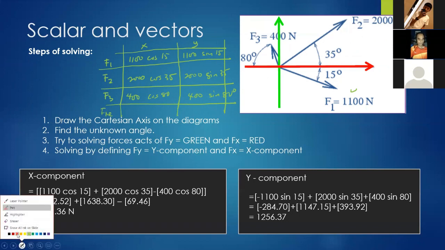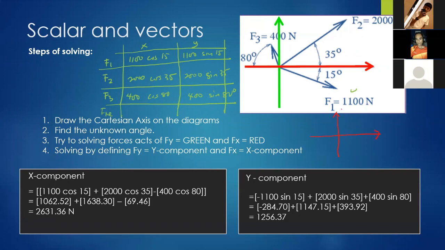So in physics we have an understanding that pointing up is positive, pointing down is negative, pointing right is positive, pointing left is negative. So let's see F1.